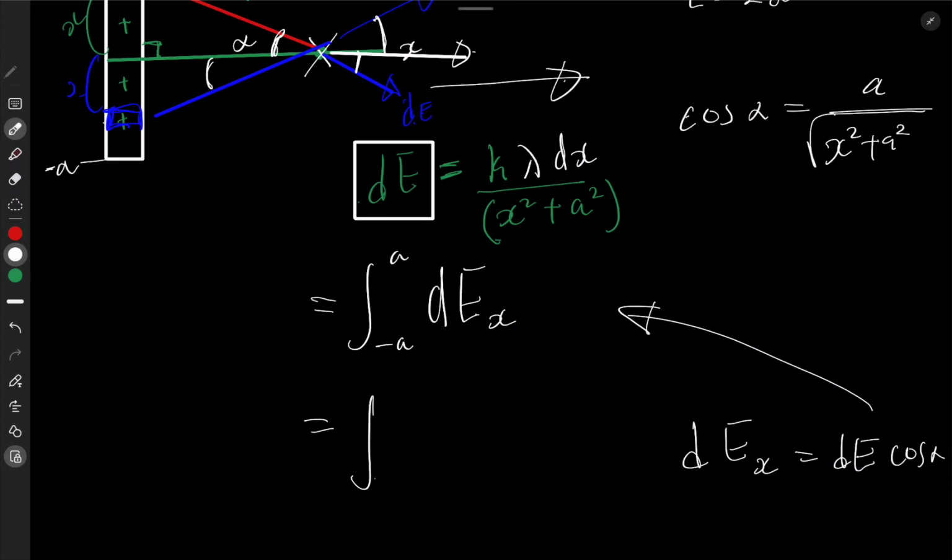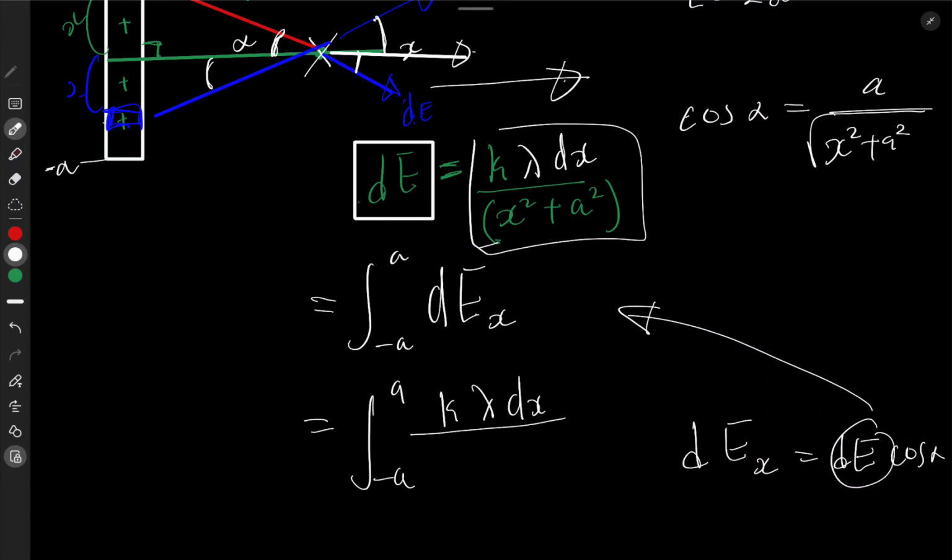Okay, so it's going to be negative a, and then for dx, we know dE, we have an expression for dE here, right? Okay, dE is going to be k lambda dx all over x squared plus a squared.